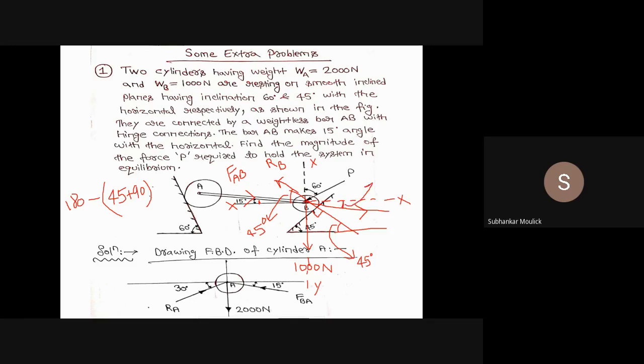Yes, sir. So if we see the diagram, this angle is 15 degrees acting at this point. So I can just extend it. This is your FAB. This is 15, then this is also 15.